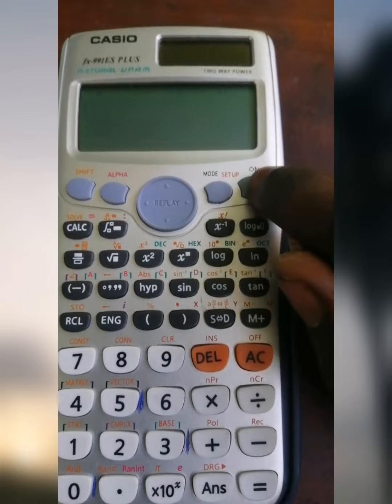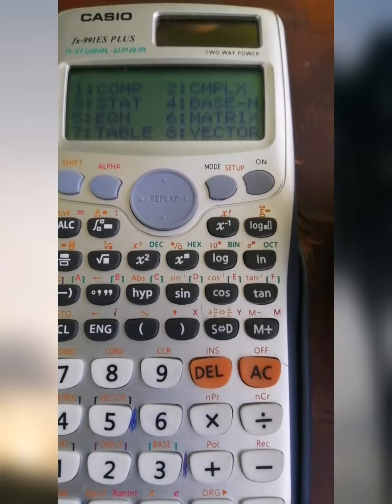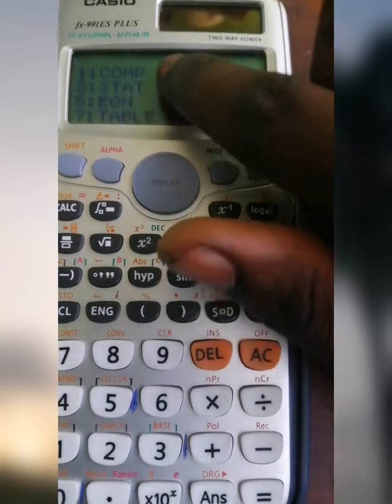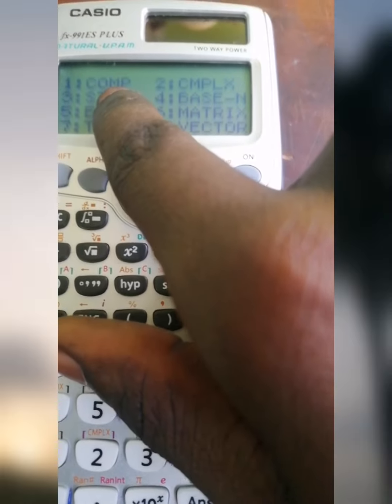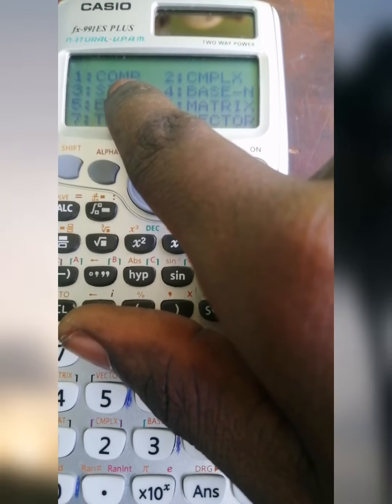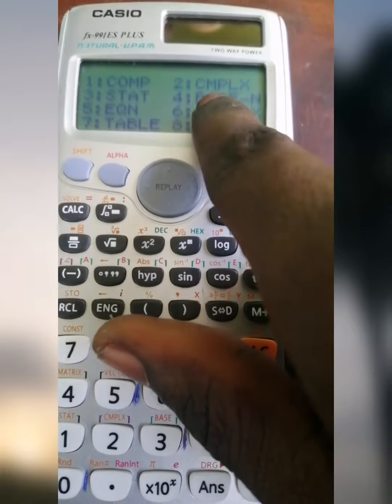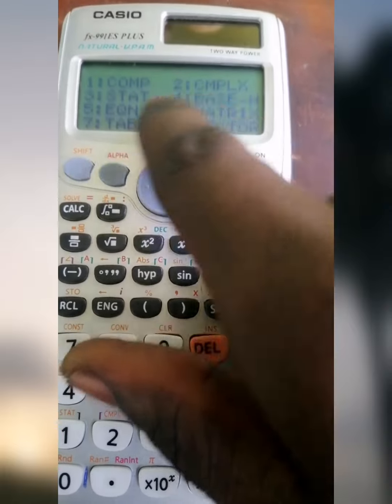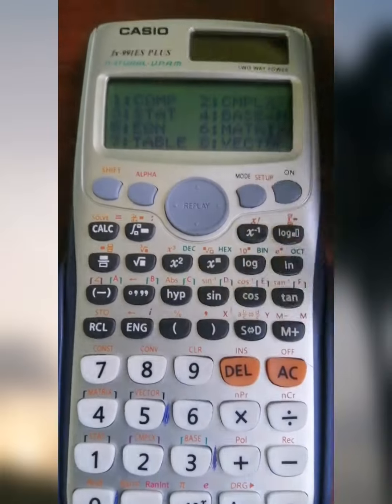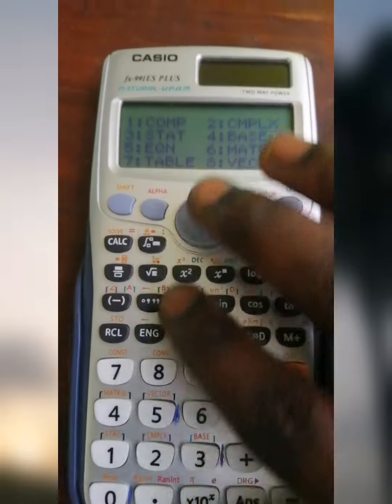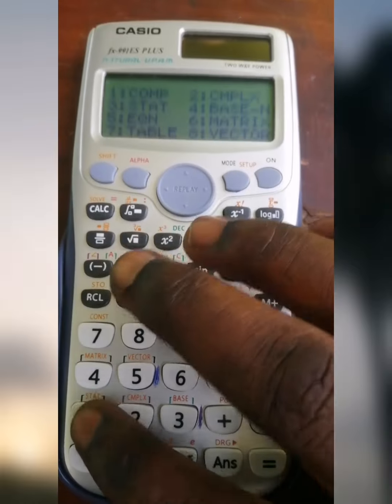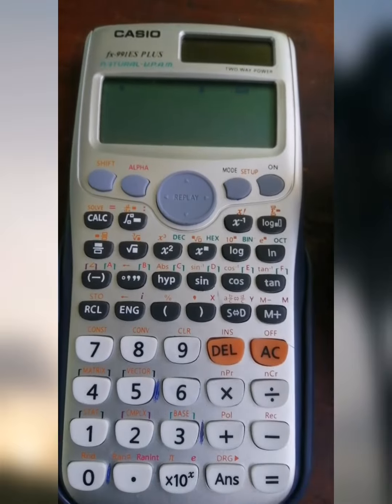Now we have something called the mode. In the mode we have normal, complex, statistics, base, equation, matrices, table, and vectors. Mostly a normal calculator is always in normal mode.